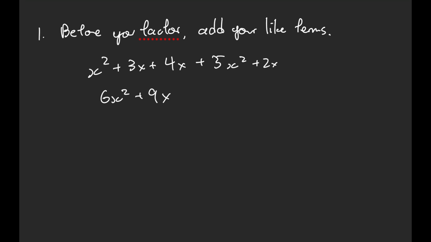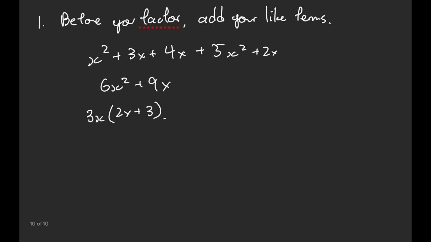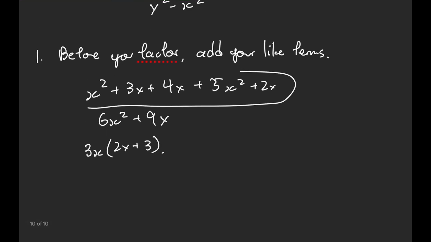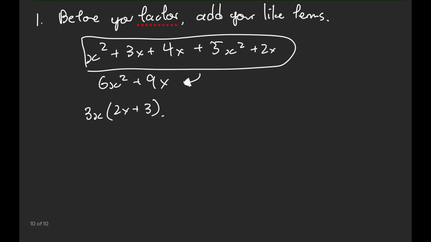Then we can immediately see that the entire expression is going to be factorable by 3x, because 3 goes into 6 and 9, x goes into them both. So we get 3x times 2x plus 3. If you didn't combine like terms, I don't think you would have seen that. So it's really helpful to do. Just combine everything, it makes everything so much simpler.